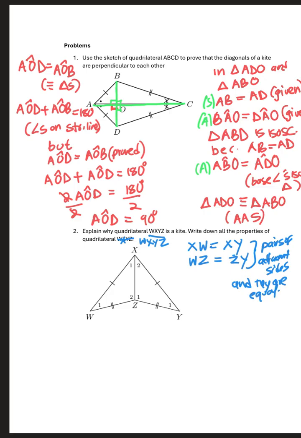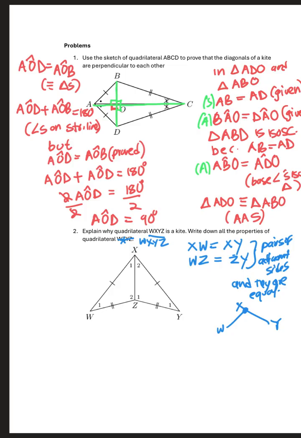How do we know that they are adjacent? Because we have W, we have X, we have Y. WX and XY both share this common vertex at X. So XY and WX are adjacent sides. They are adjacent to one another, right?